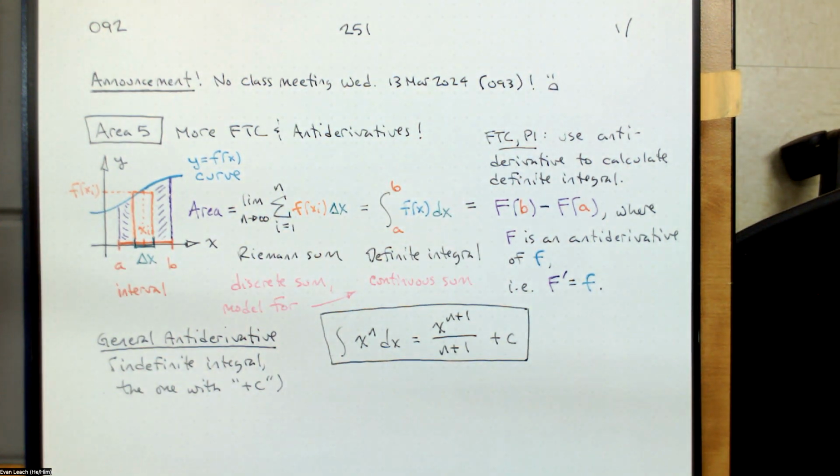So we're going to be finding area under a curve and above an interval by finding antiderivatives and plugging in the endpoints of the interval.